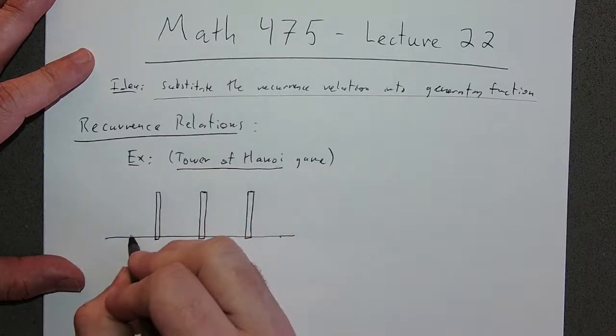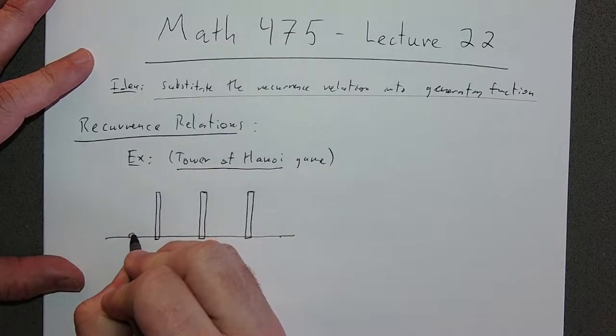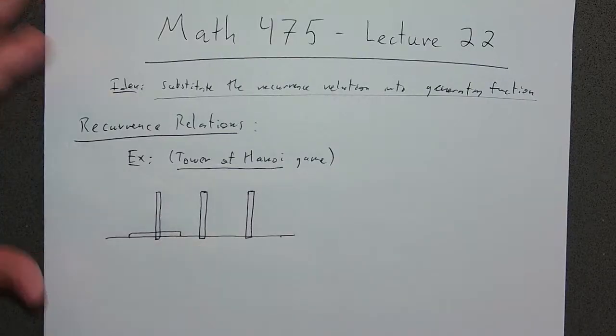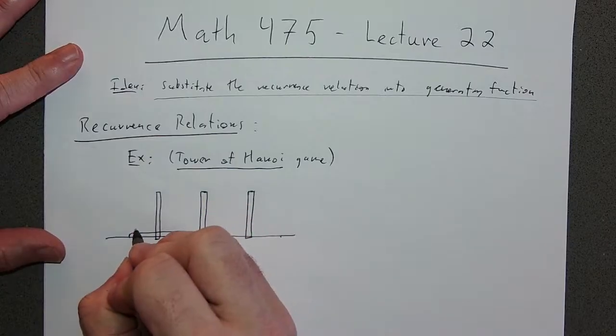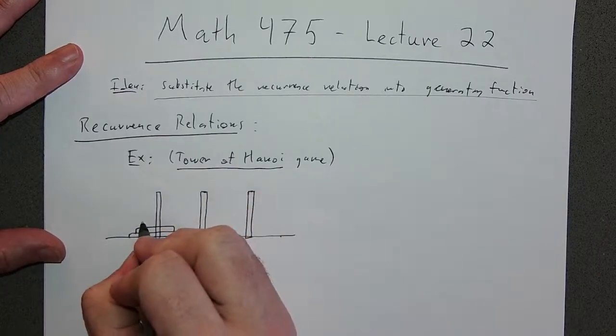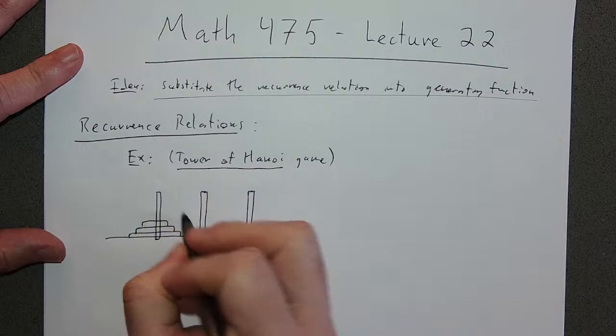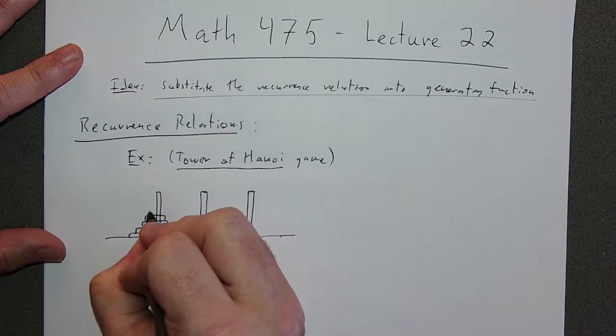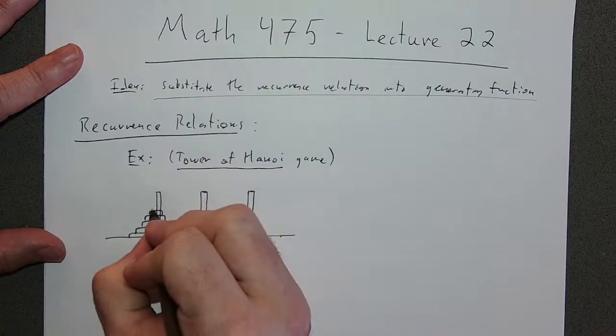Here's the first piece of some radius, and then there's a next piece which is slightly smaller in radius, and then the next piece. I know I don't have these going directly down the middle, because I did a bad job drawing this.